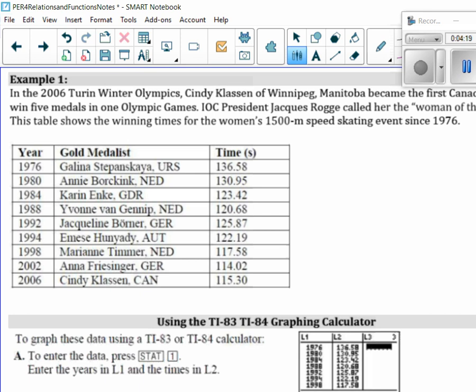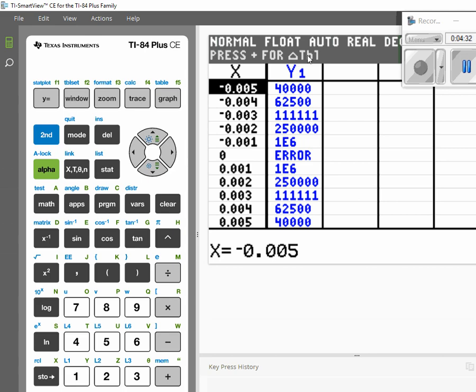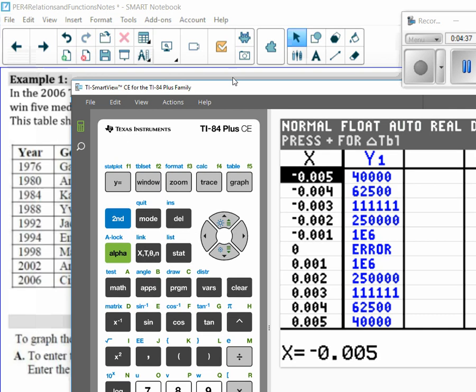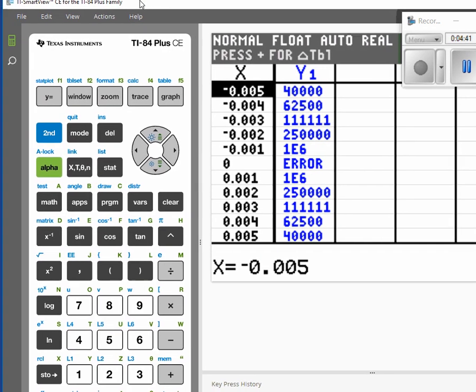So we're going to put this into a list. Make sure you're paying attention here because it gets overwhelming all at once. First things first, I'm just going to move this so I can see the numbers at the same time.